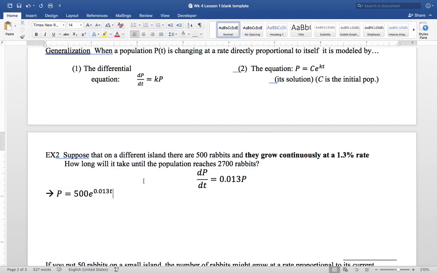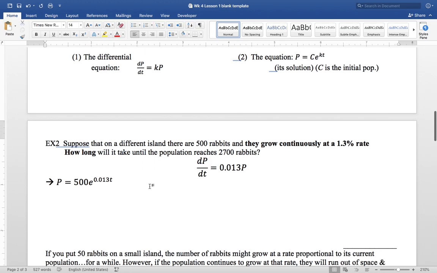Now, the question that they're asking us is, how long will it take until the population reaches 2,700 rabbits? Notice they're asking you how long. That's t. They're asking you to find a certain value of t. In particular, what value of t will make the population 2,700.